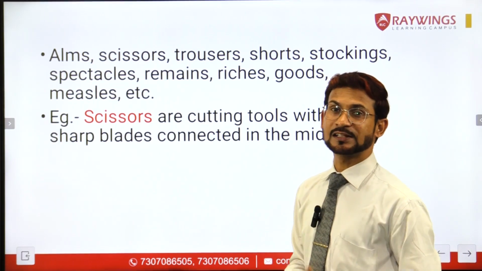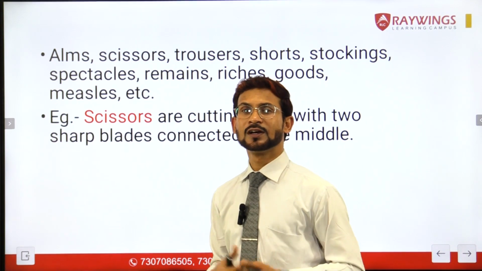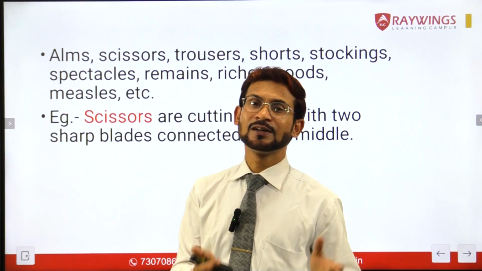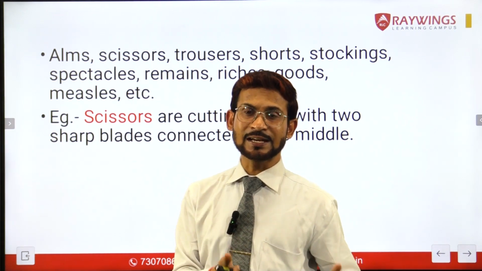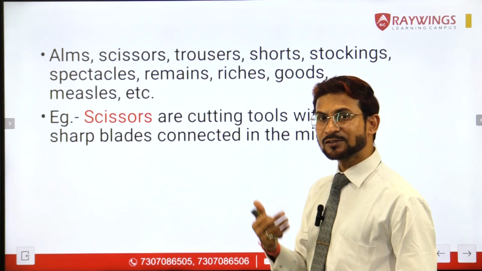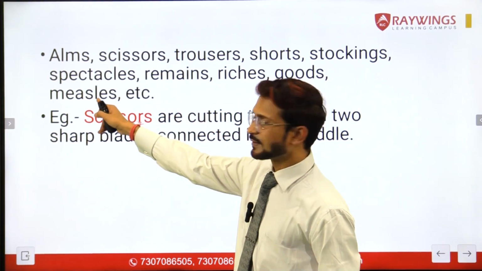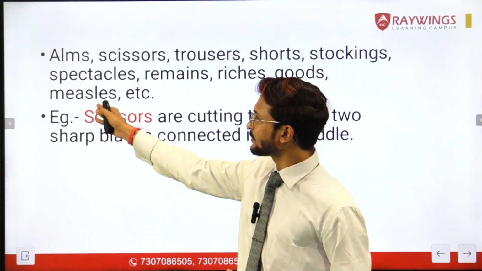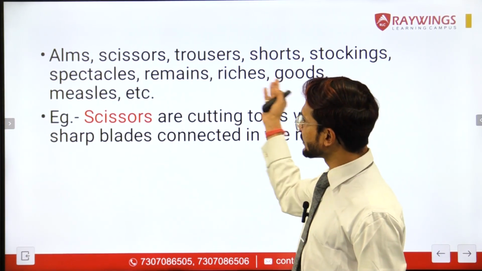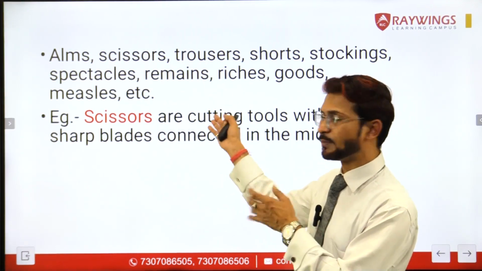Riches means wealth, right? You must have heard a very famous quote, riches have wings. So that means wealth has wings. Wealth does not stay for a long time with a person. It can actually go away, right? Measles is a word out here. Measles, most of you must be knowing, is the name of a disease. So all such nouns are plural in nature and they have a plural verb after them.